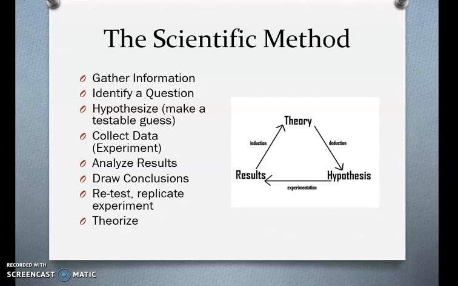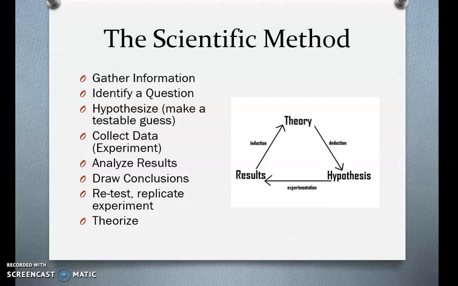In other words, you have to do an experiment. Once you have done your experiment, you have some results that you can't just stop with. You have to analyze those results. You have to interpret what they mean. First, you might do some statistical analyses, and then you have to kind of say, okay, what do these statistical analyses mean? So then you have to draw conclusions.